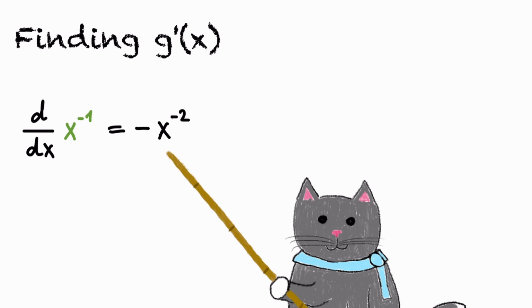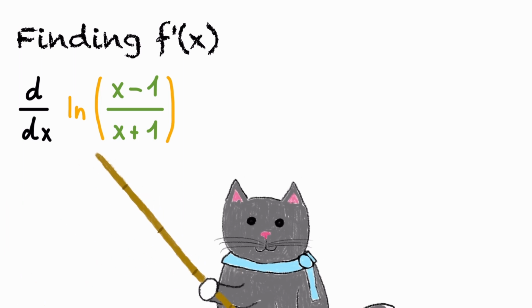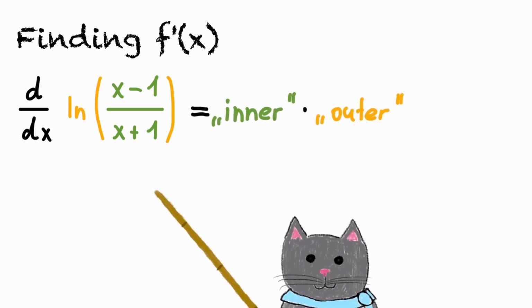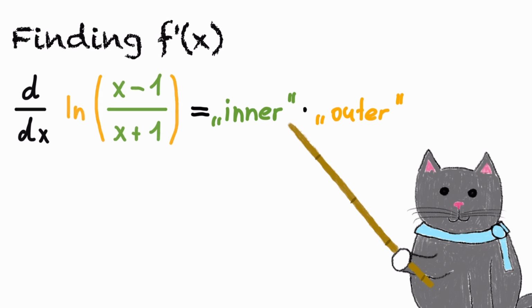Let's now tackle the more difficult derivation. In order to calculate f prime of x, since this is a composition of functions, we need to apply the chain rule. Therefore, the derivation of ln of (x minus 1) divided by (x plus 1) is equal to the inner derivation, obtained by focusing on the green term, multiplied by an outer derivation, obtained by focusing on the orange function. Let's first find the inner derivation.